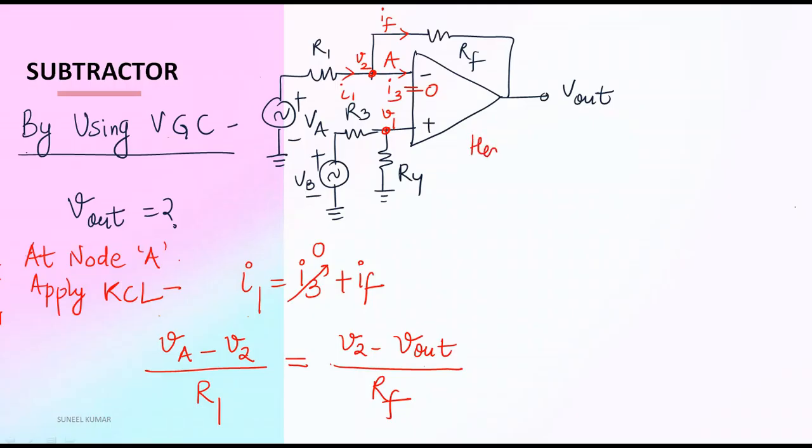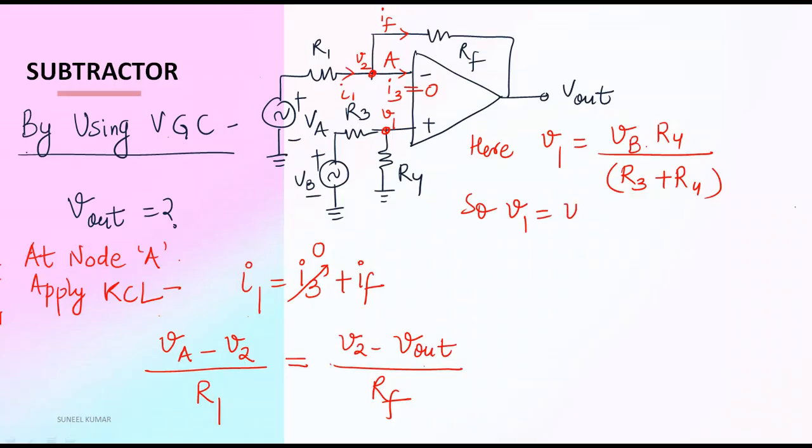So what is V1? V1 is basically VB into R4 divided by R3 plus R4, that we have seen earlier by using the voltage division rule. So V2 will also be equal to V1 by the virtual ground concept. So we can put this V2 as V1 here.